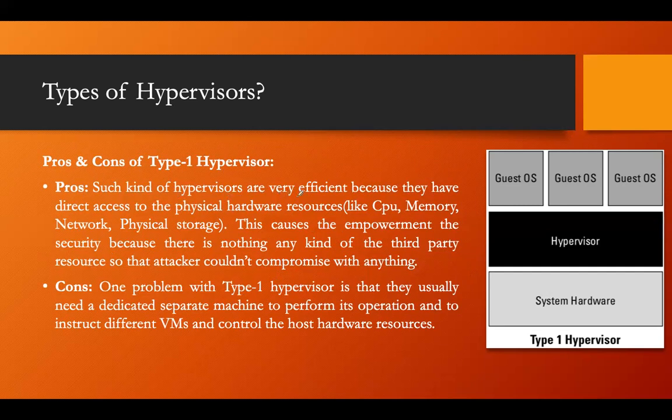Such hypervisors are very efficient because they have direct access to the physical hardware resources like CPU, memory, network, physical storage. This also strengthens the security, because there are no third party resources, so the attack cannot be compromised through anything.